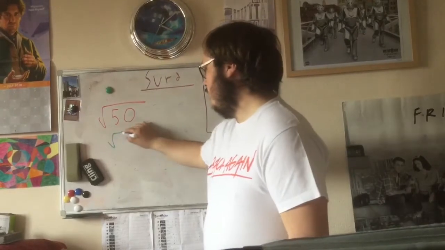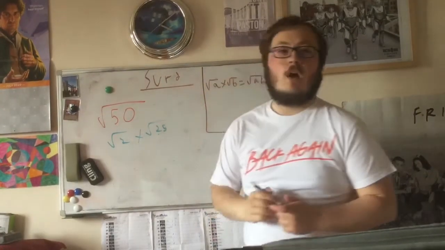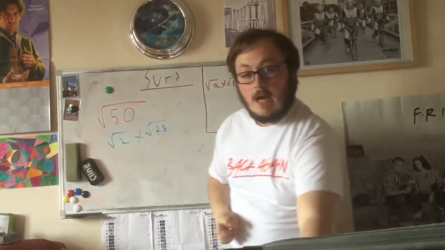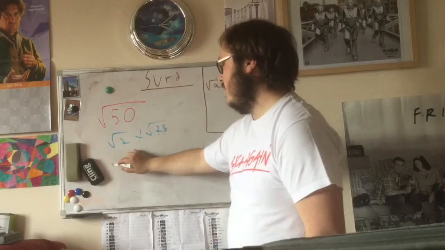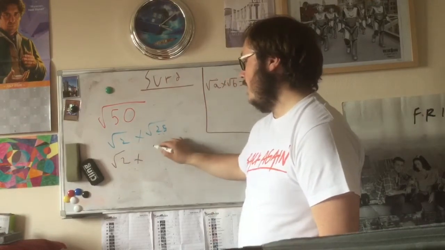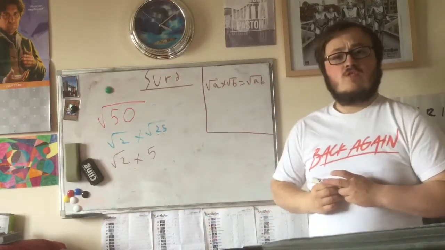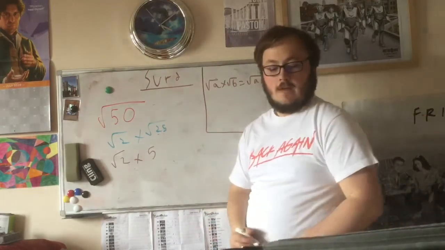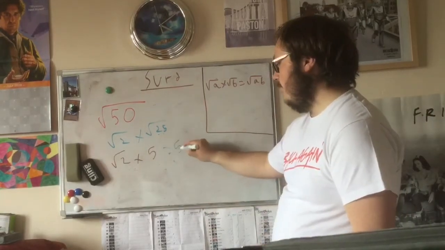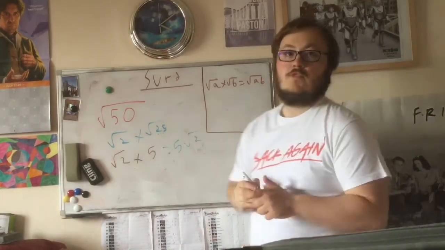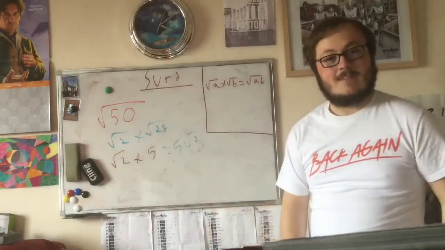It's the same as root 2 multiplied by root 25. Now root 25 we can work out because it's a whole number. So that's the same as root 2 multiplied by 5. So what is root 2 multiplied by 5? Well, clue in the title really, it's 5 root 2. And that is a simplified version of root 50.